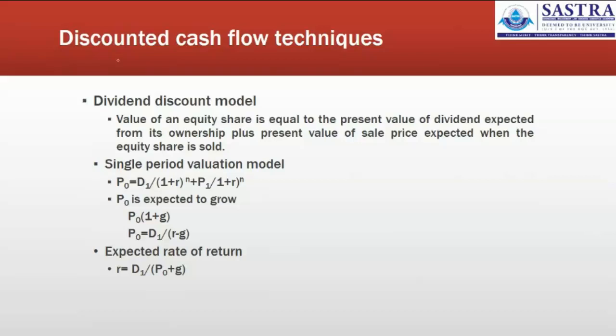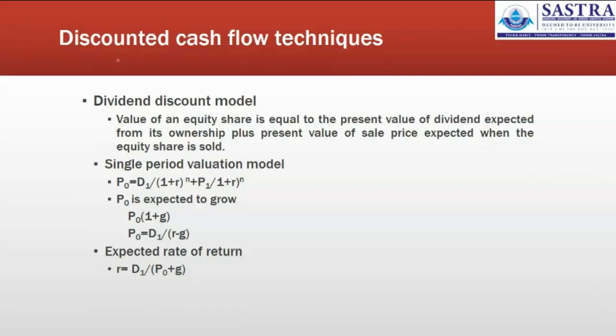So simply, the market price is calculated based on the future price, the end period price, plus the dividend given by such securities, converted to present value. That way I can find out the market price of such securities.